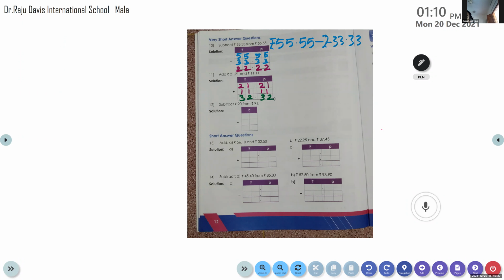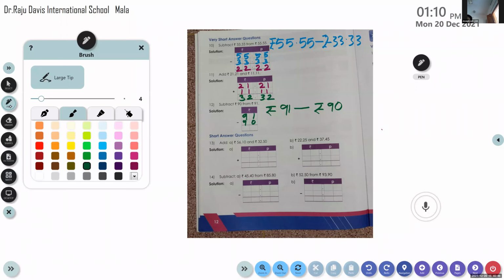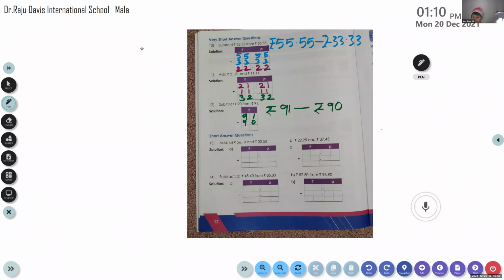Subtract 90 from 91. Okay, what's the meaning of that? Rupees 90 from 91. 91 minus 90. Okay, now let's write the numbers. Here 91, here 90. Do it and tell me the answer. 9 minus 9 equals 0. 1 minus 0 equals 1.